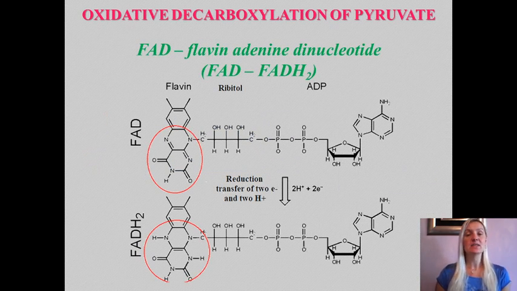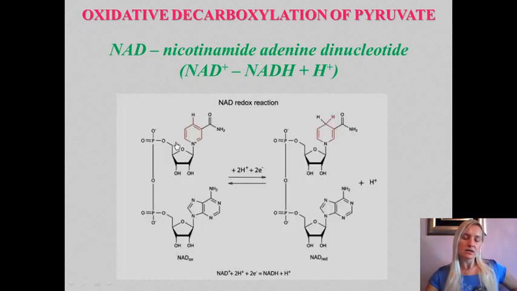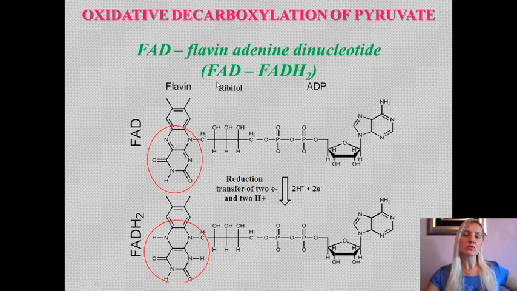Then flavin adenine dinucleotide, which is also a coenzyme of oxidoreductases, consisting of a flavin or isoalloxazine ring with ribitol sugar alcohol attached to it, and an ADP molecule. So on the isoalloxazine ring, reduction or transfer of 2 electrons and 2 hydrogens occurs. So FAD is converted to FADH2, its reduced form.